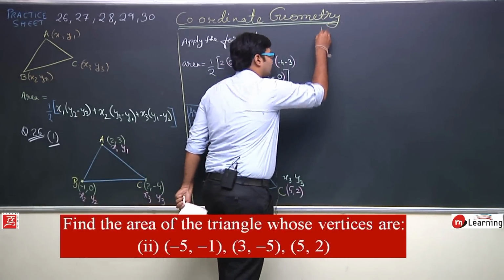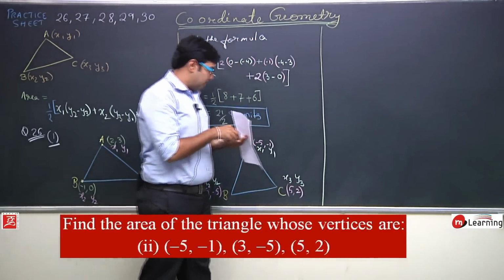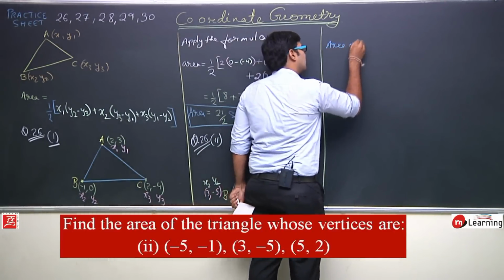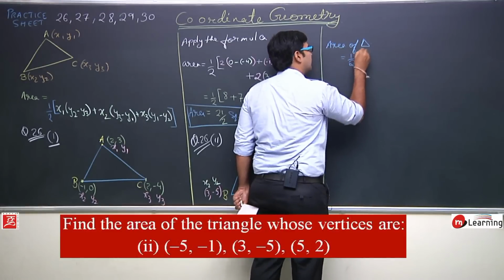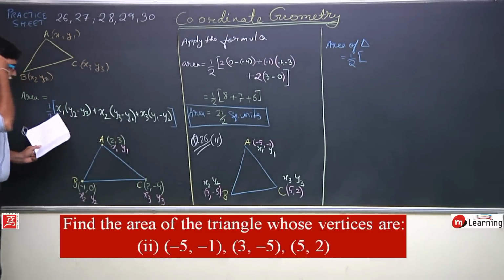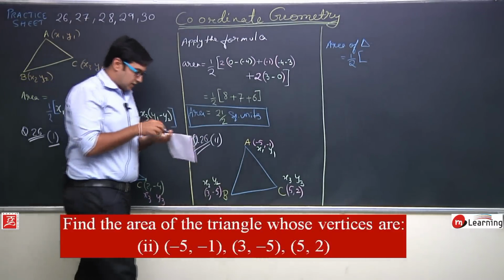Now let us apply the formula to calculate the area. So area of triangle is equal to half of the bracket. Now it will be x1, then in bracket y2 minus y3. So what is x1? It is minus 5.